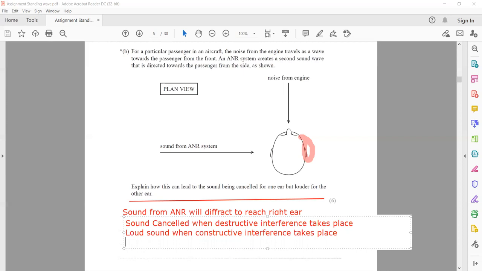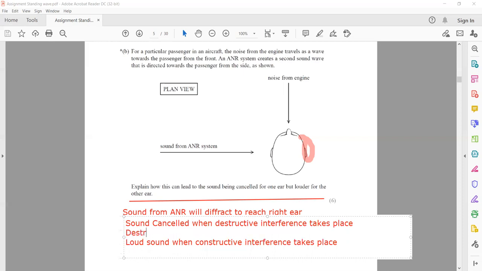And in destructive interference, waves are antiphase, and in constructive interference, waves are in phase.